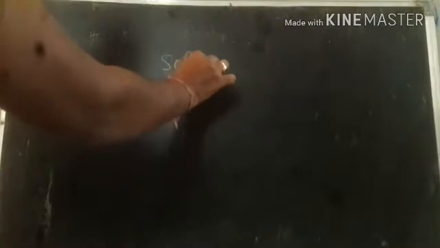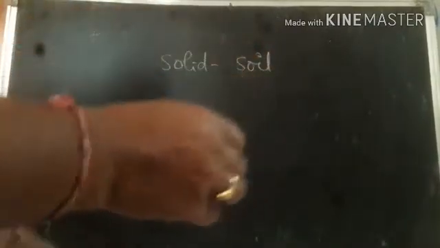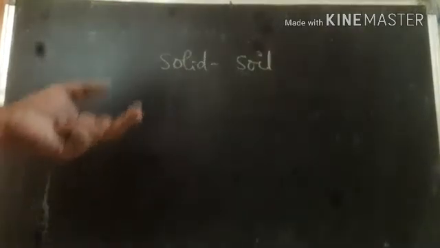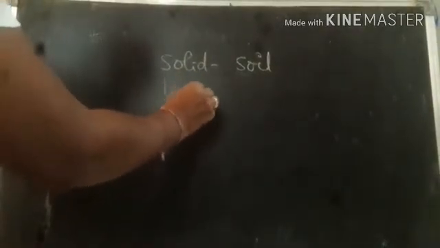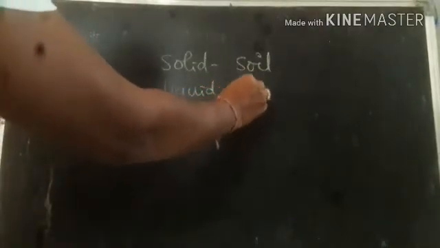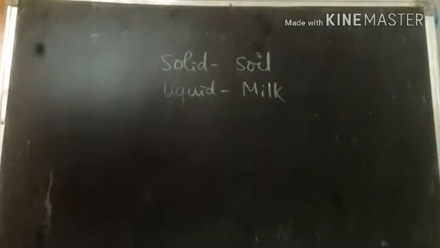When we talk about mixtures, a mixture can be solid, like a soil mixture, right? The mixture can be liquid, for example milk, which contains cream, vitamins, all in it.